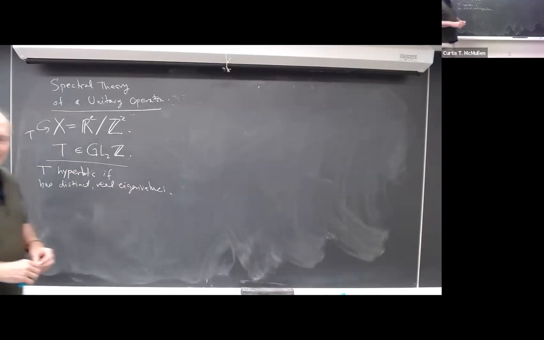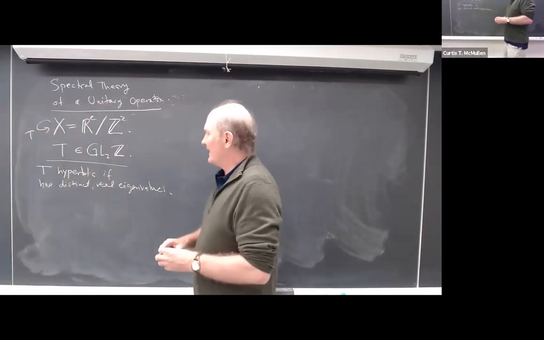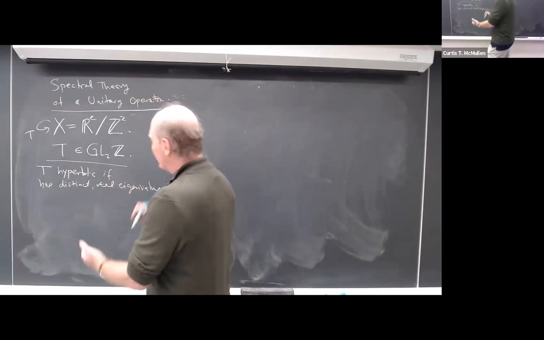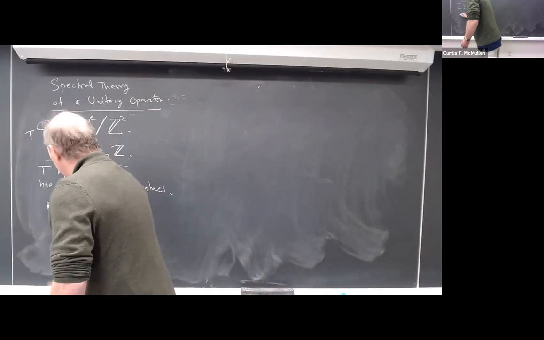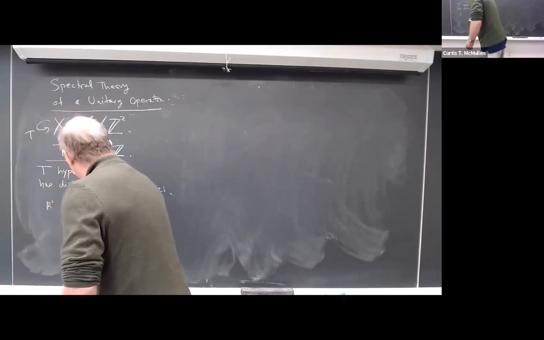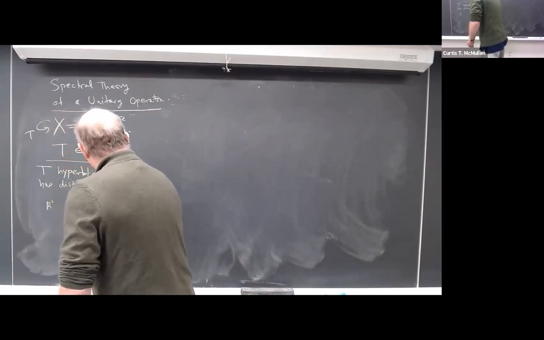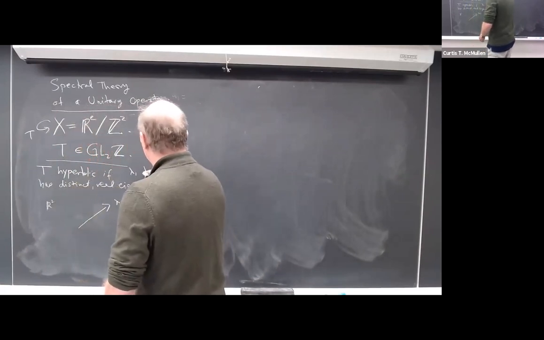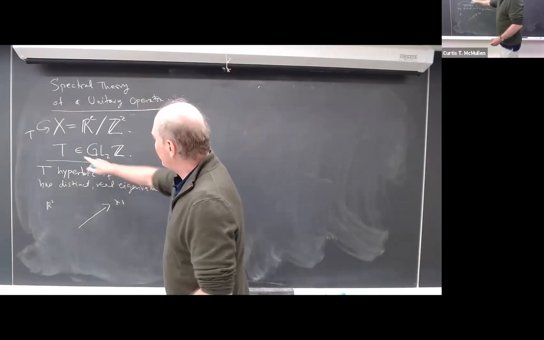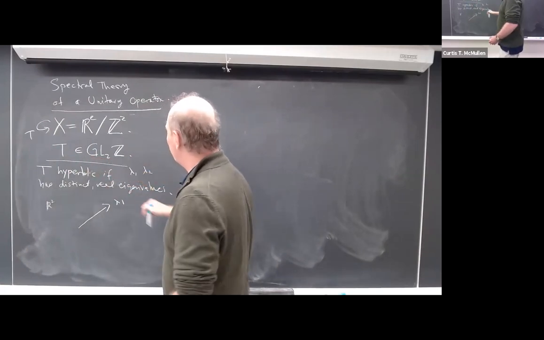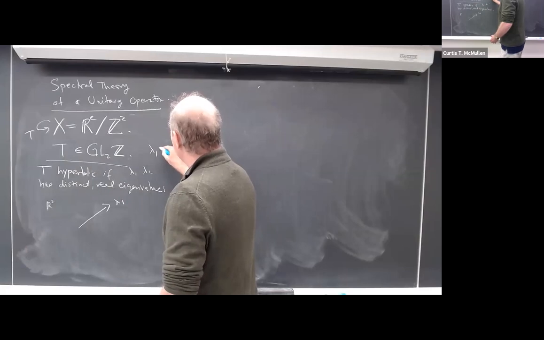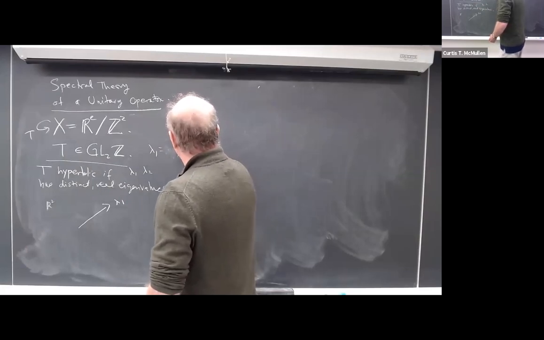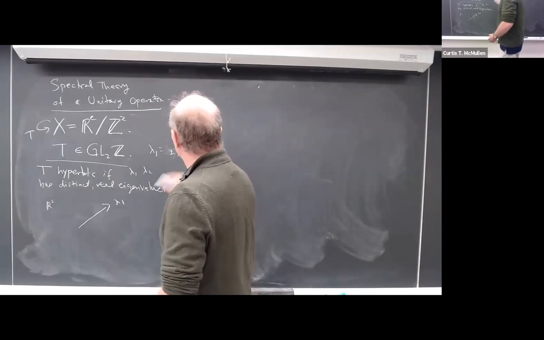And this is the case that we're going to be interested in studying. The action of T on R2 is very easy to understand. So on R2, there's some eigendirection which is expanded by one of the eigenvalues, lambda 1. By the way, the eigenvalues lambda 1 and lambda 2 have the property that their product is the determinant of T. So lambda 1 is equal to lambda 2 inverse up to a sign.